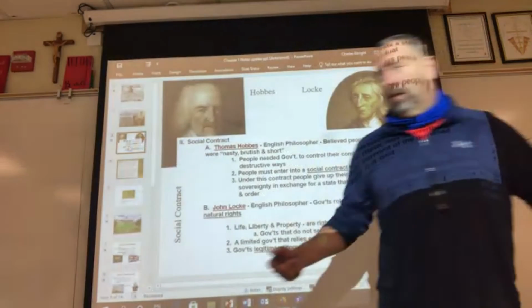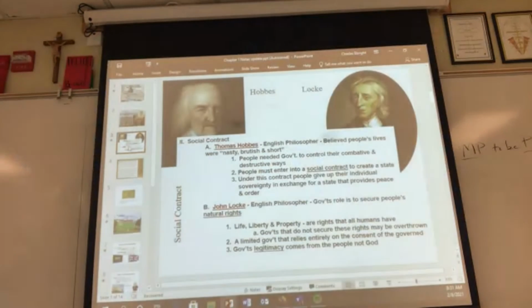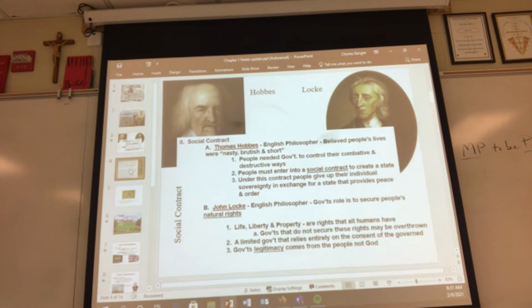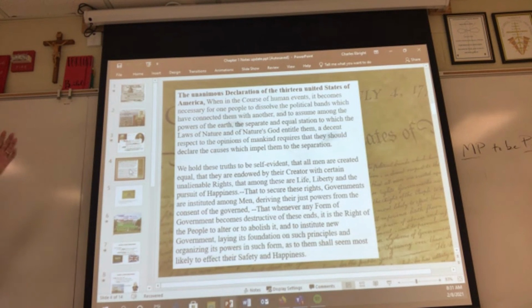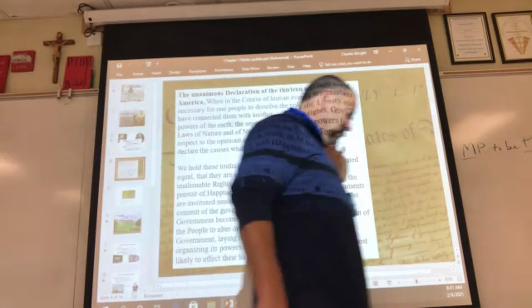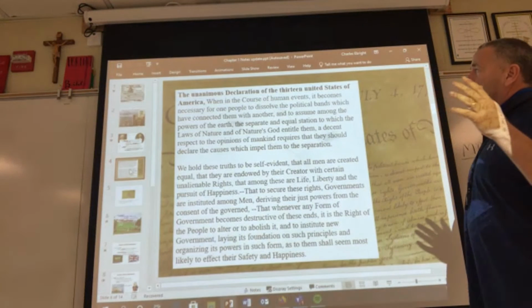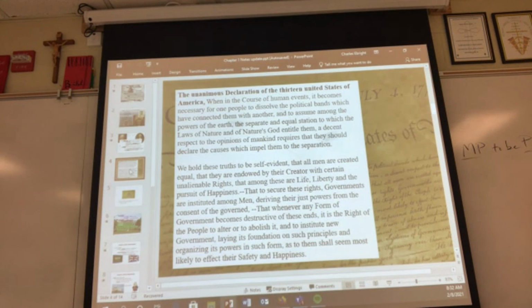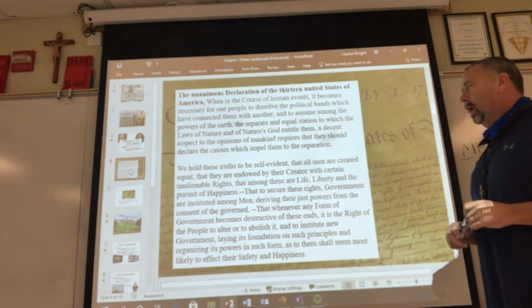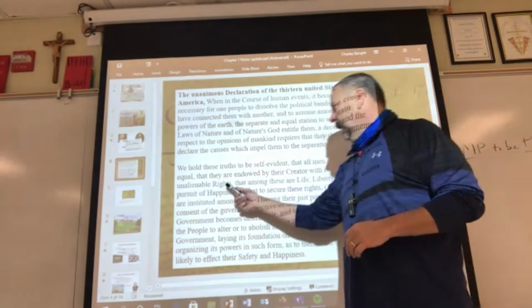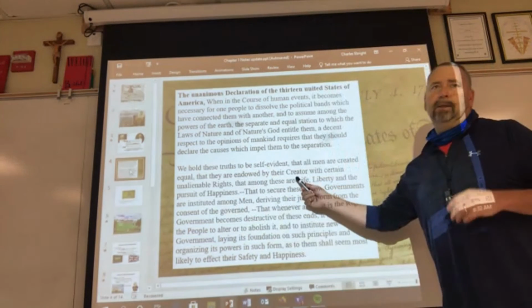So when you go to the Declaration of Independence, who wrote this? Thomas Jefferson. Jefferson really borrows from Locke's philosophy, that we have unalienable rights that come from God.